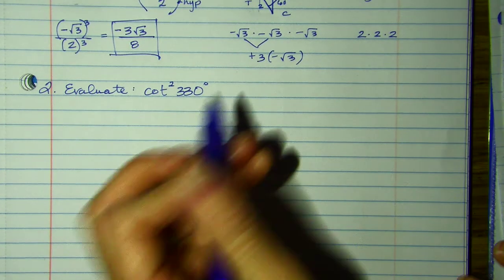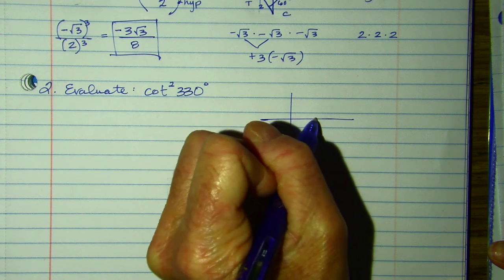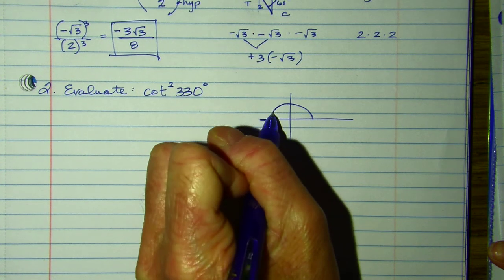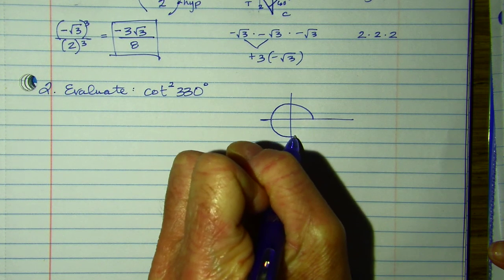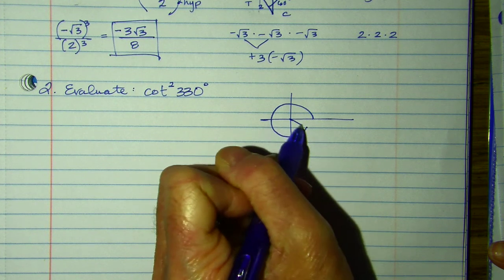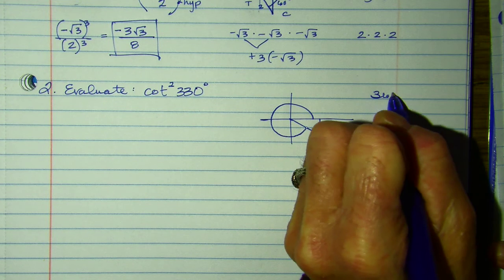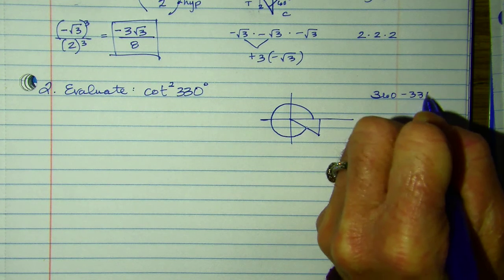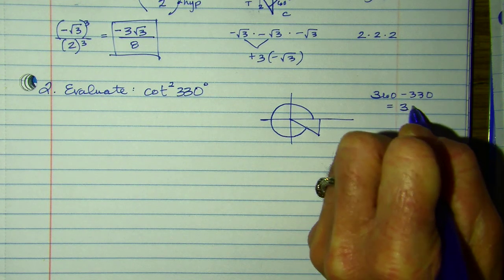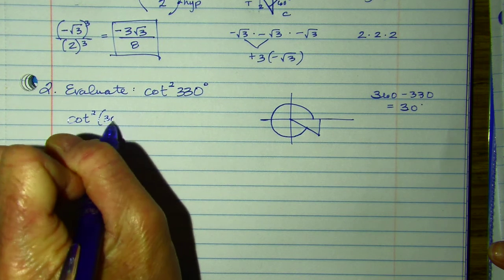First we're going to draw a picture. 330 would be clockwise. There's 180, 270, and 330 would be all the way to here. 360 minus 330 means I'm evaluating 30 degrees. So I'm actually evaluating the cotangent squared of 30 degrees.